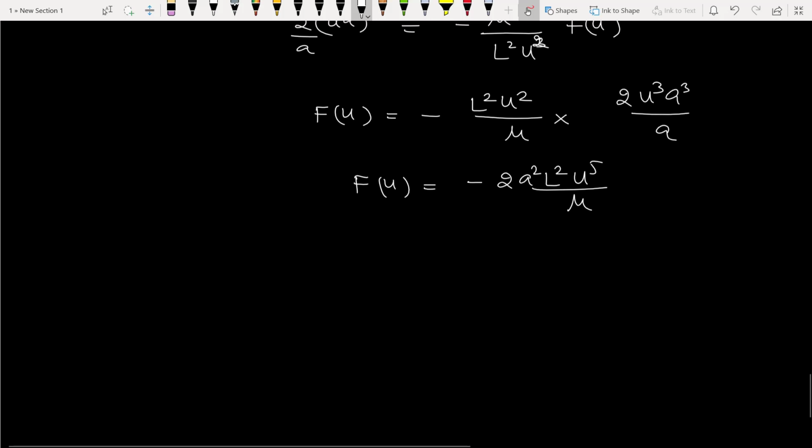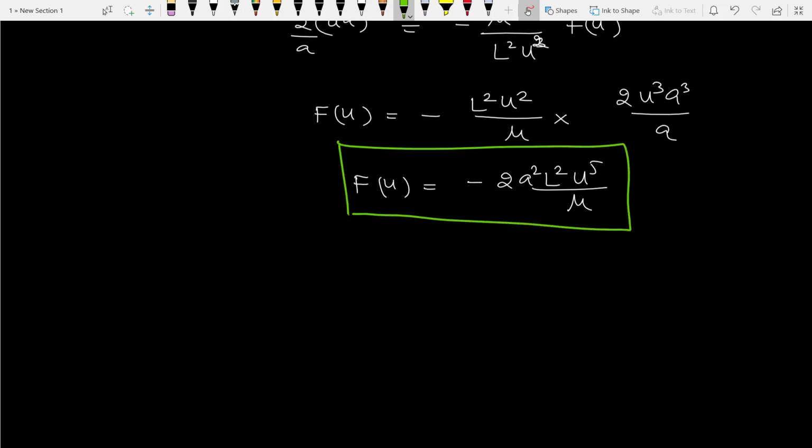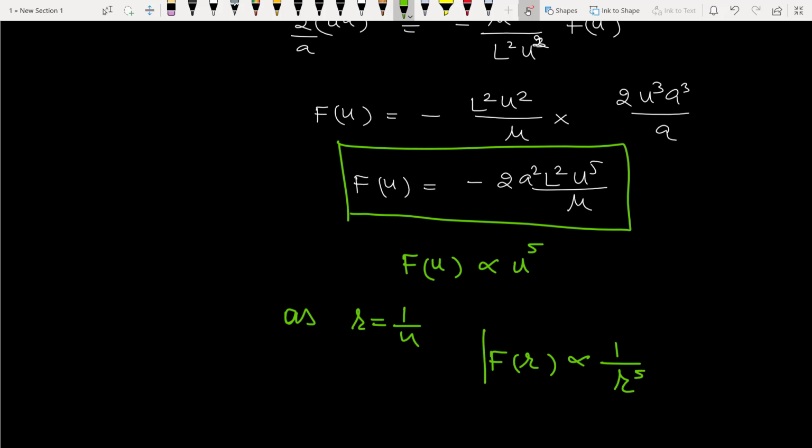This is our force law that we are to calculate, and we can write force law is proportional to u raised to power 5. As r is equal to 1 by u, in terms of r, F(r) is proportional to 1 by r raised to power 5. So this is our force law.